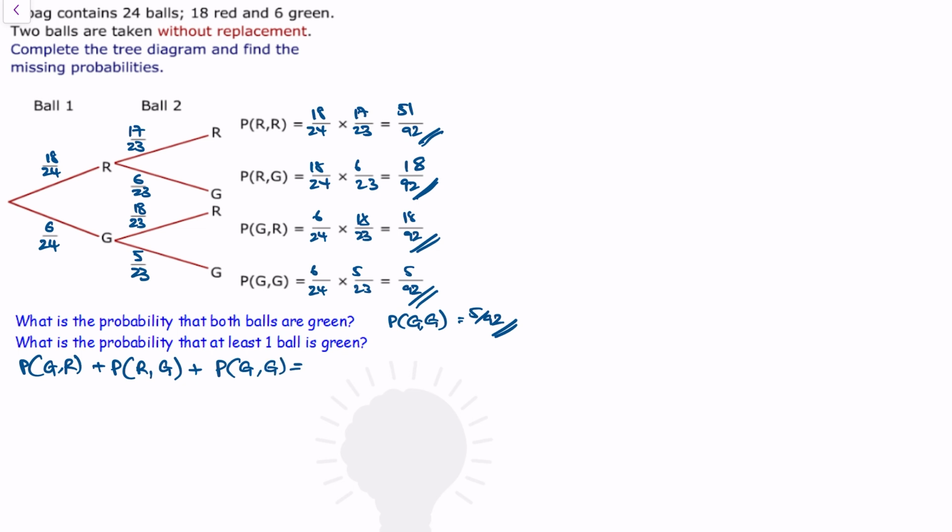So green-red is 18 out of 92, plus red-green is 18 out of 92, plus green-green is 5 out of 92, which gives us a total of 41 out of 92.